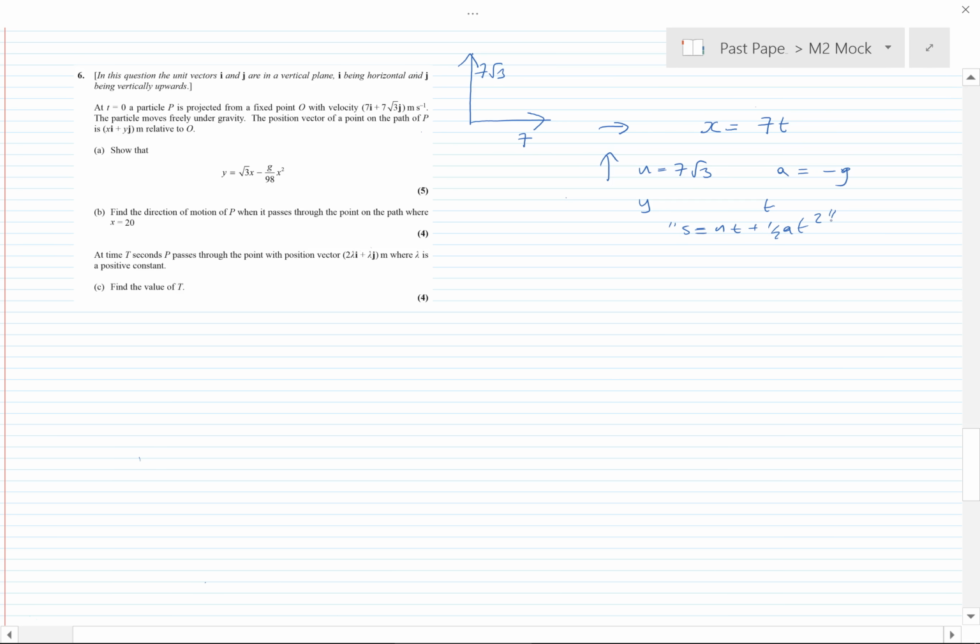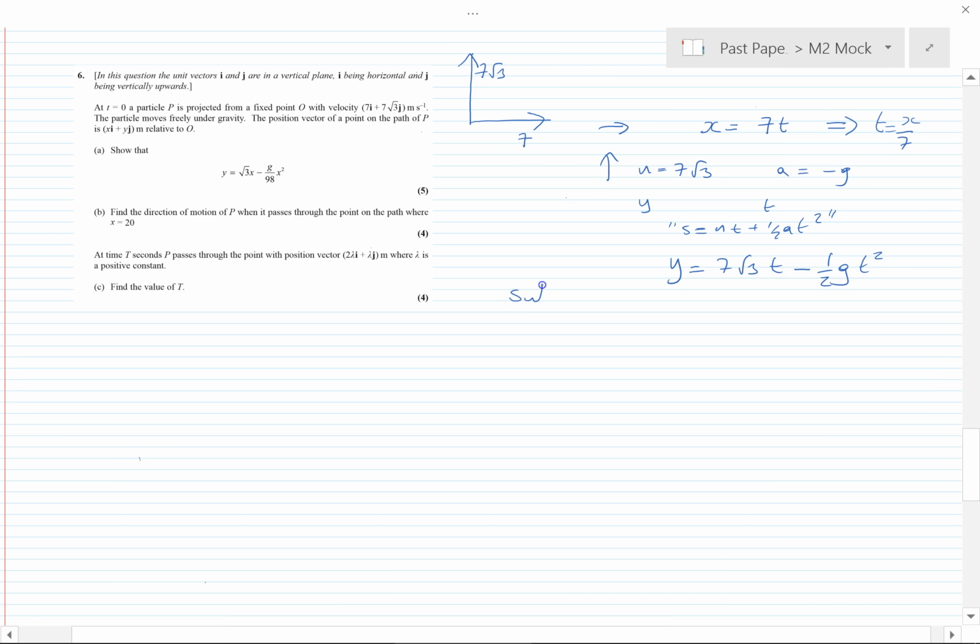So we have y equals u, that's 7 root 3, t, minus a half g t squared. Well, let's go back to here for a second, we've got t is equal to x over 7.